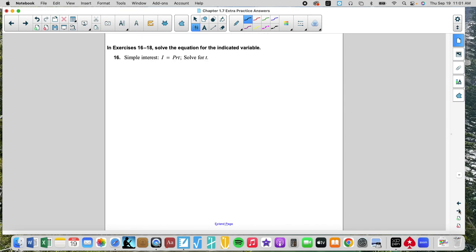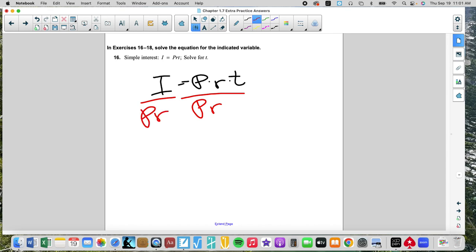Simple interest, I love it. Solve for t. So we have I equals principal times rate times time. We want to solve for t. So we're just going to get rid of those p and r because they're both multiplying. So we get interest divided by principal times rate will equal your time.